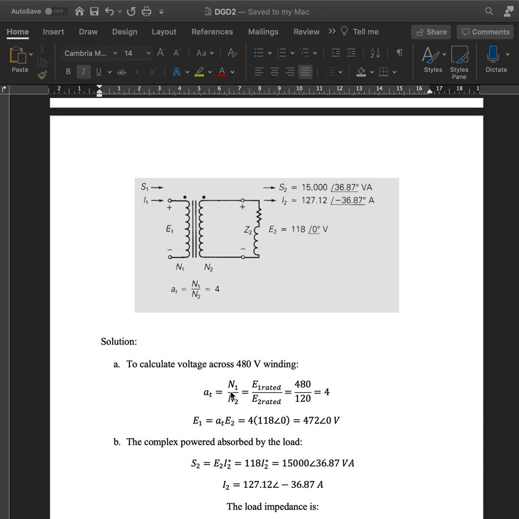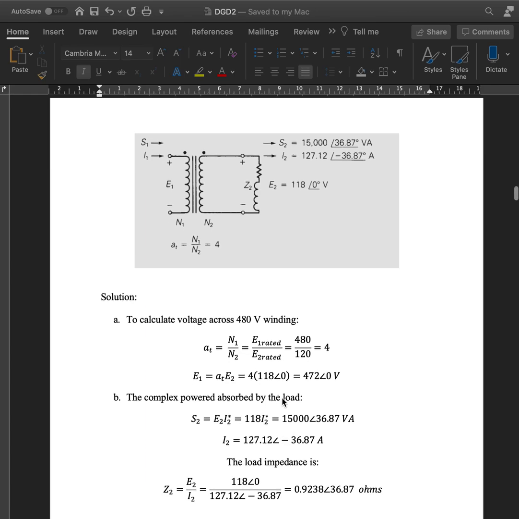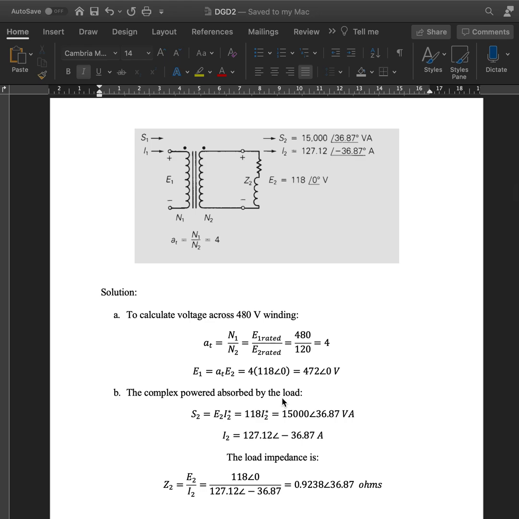So we know the power formula is E2 times I2 conjugate. We know E2 is 118, but we don't know I2. But we know the power that is being absorbed on the right hand side. So we begin with this. To calculate I2, we just divide 15,000 by 118, and we get the following.